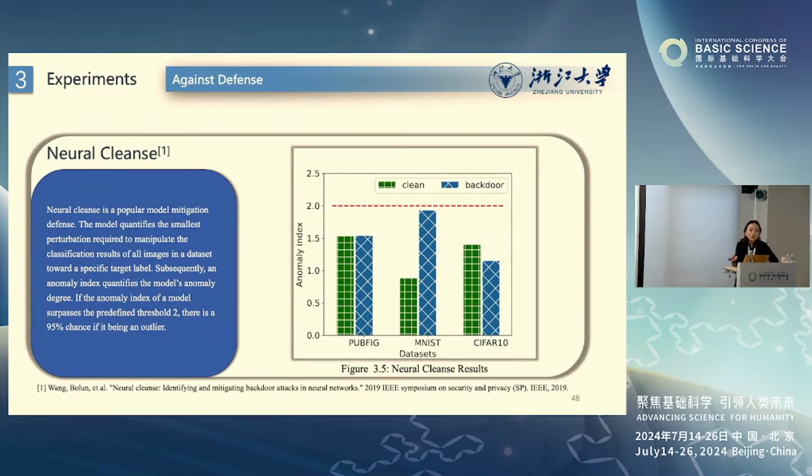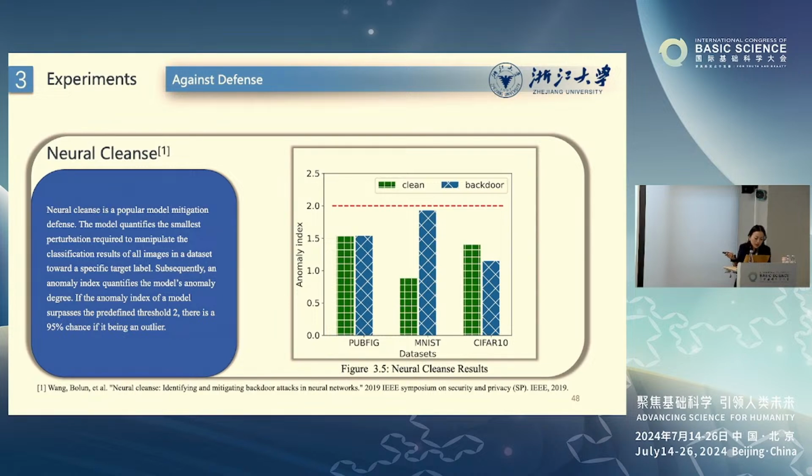And also it can pass this kind of defense method, which modifies more images in a dataset towards a label.